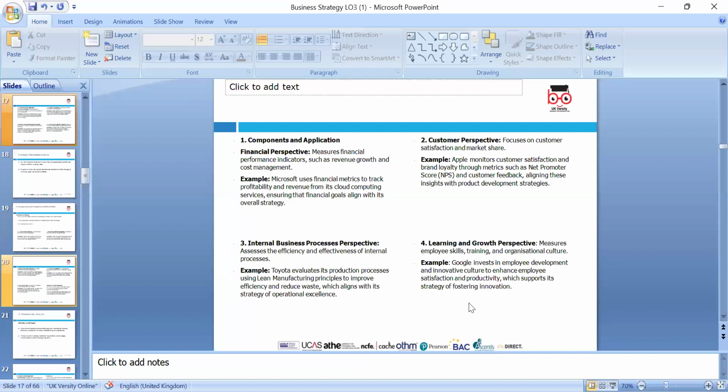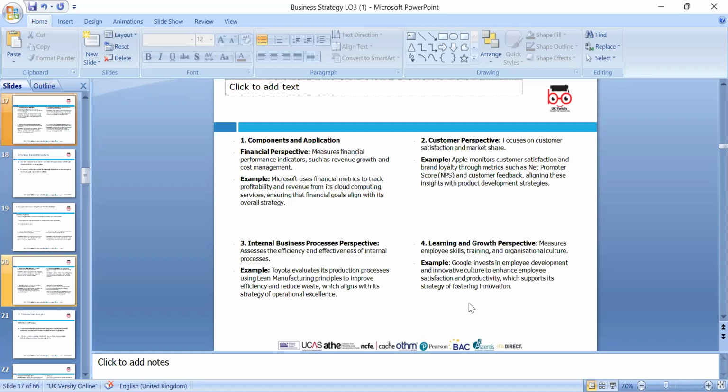Component of application, we can look around the financial perspective, financial performance indicators, revenue growth. So Microsoft uses financial metrics to track. This is applied to Microsoft. And internal process, assess the efficiency and effectiveness of internal processes. Toyota evaluates its production processes using lean manufacturing. Lean, this is a Japanese approach, which we need to look around how we can reduce the resources.